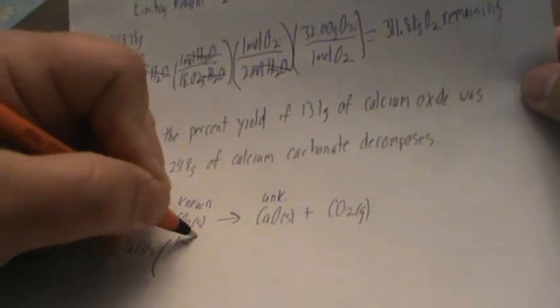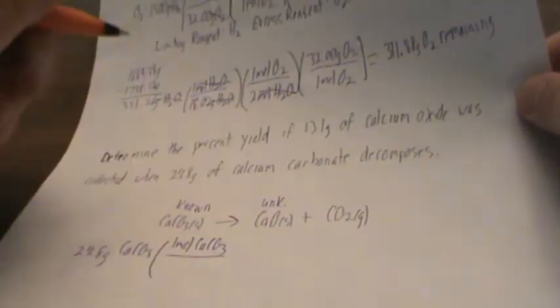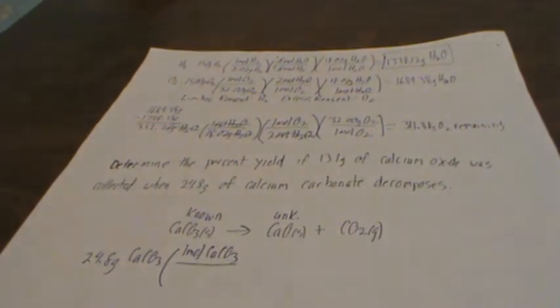Then, just like before, go to moles of known, so 1 mole of calcium carbonate over... I'm drawing a blank on calcium's mass. Sorry, so calcium 40.08 grams plus 12.01 plus 3 times 16.